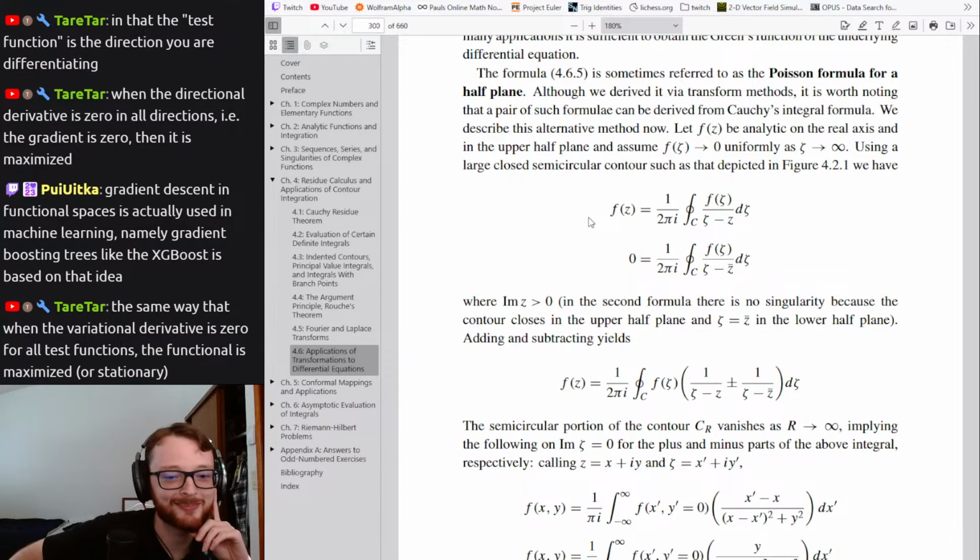I feel like that's some smart sounding gibberish that they would make up for a sci-fi movie or a TV show or something. The same way that when the variational derivative is 0 for all test functions, the functional is maximized or stationary. Right. I think.